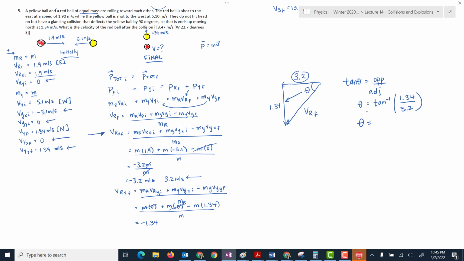And that gives me 22.7 degrees. And now I'll also look for the magnitude of V_R final with the Pythagorean theorem. So it's the square root of 3.2 squared plus 1.34 squared. And that gives me, I'm just going to type it up.